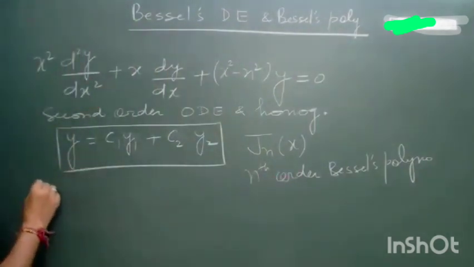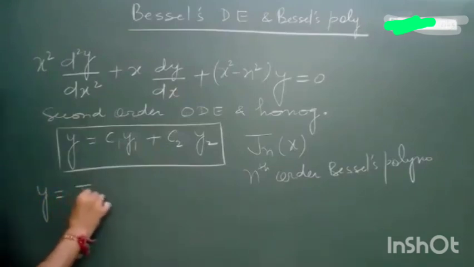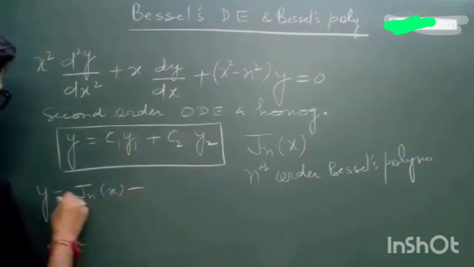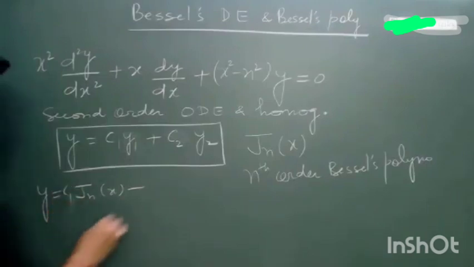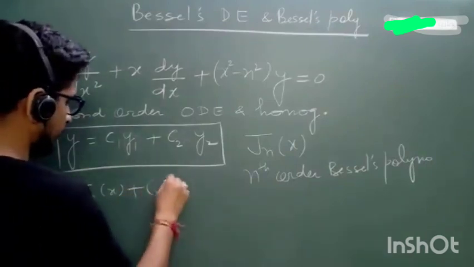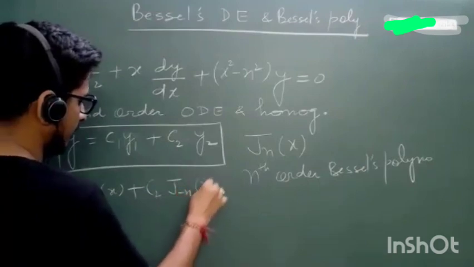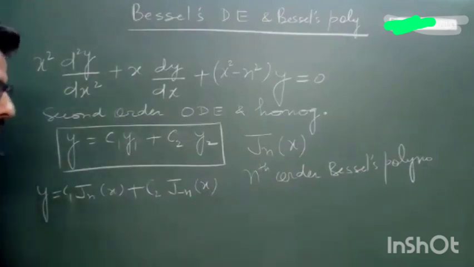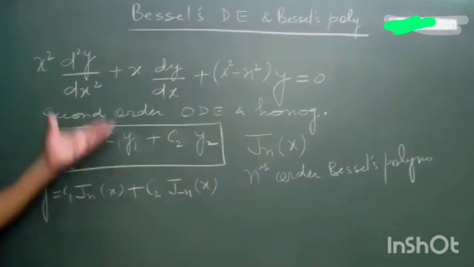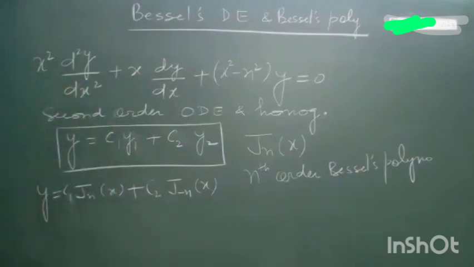The solution of that equation is given by y equals c1 Jn(x) plus c2 J minus n(x), where Jn is the Bessel polynomial of nth order. So this linear combination is the solution of this differential equation.